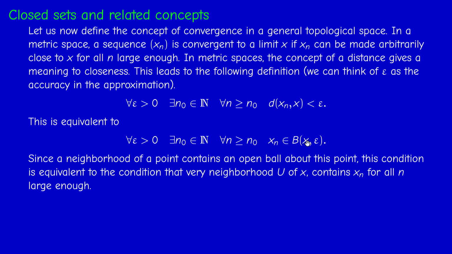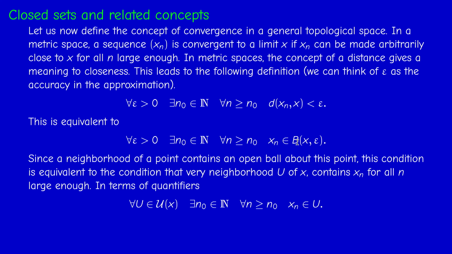And now, the open ball of center x and radius epsilon is a neighborhood of x. And any neighborhood of x contains such a ball by definition, because a neighborhood contains an open set and therefore contains such a ball. So we can restate this condition of convergence in the following way. For every neighborhood U of x, there is a certain rank starting from which all the elements of the sequence are in that neighborhood.